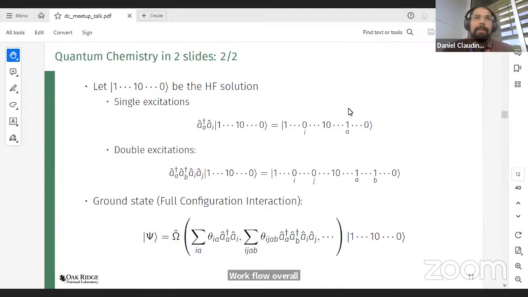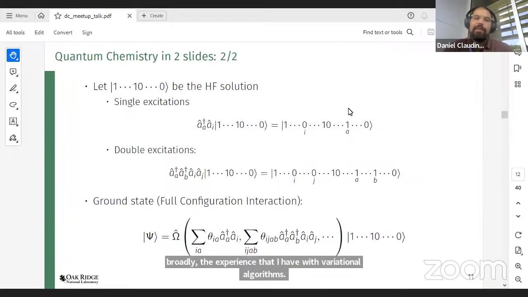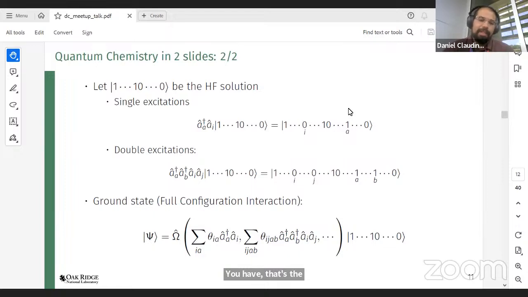We don't have anything like that right now. I'm not aware of any use cases currently highlighted with XACC. I'm not a QML expert myself, so more broadly, these are the bottlenecks I see from my experience with variational algorithms, which I've seen apply to QML, but I don't have any present use case to illustrate those things.